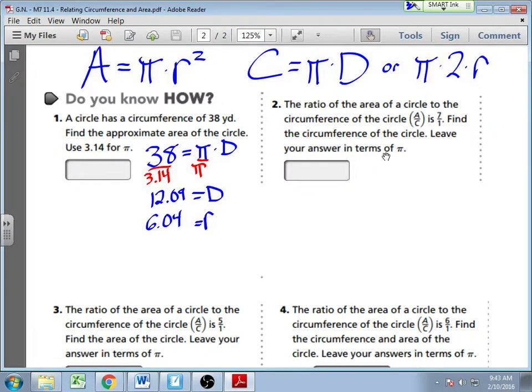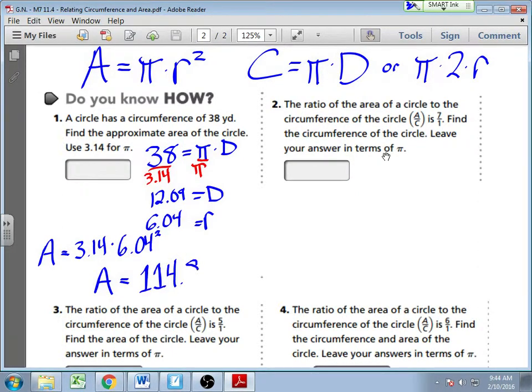So then I squared the radius and I got 36.48, and then I multiplied that by 3.14.